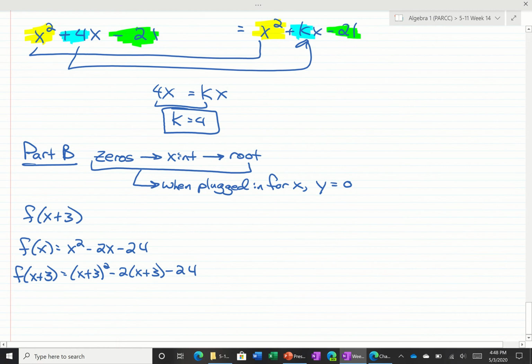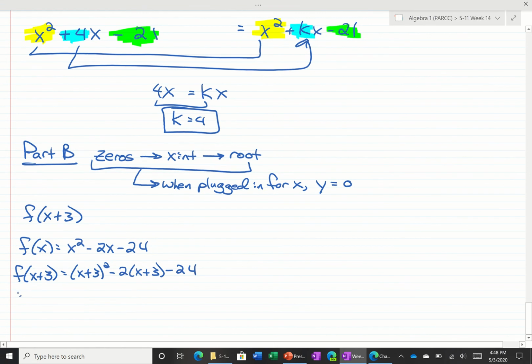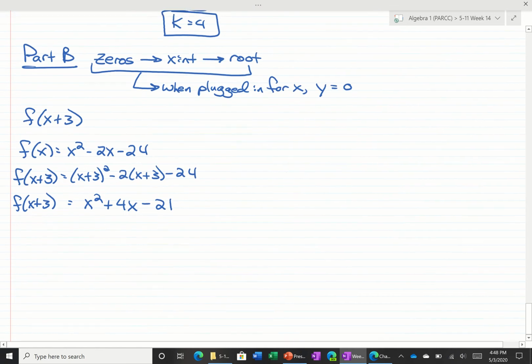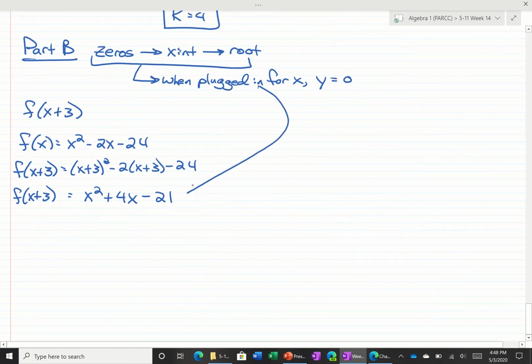And when we got done simplifying everything, once we FOILed everything out, it was equal to x squared plus 4x minus 21. It's asking us to find the zeros of this. And it looks like we have 6 options.